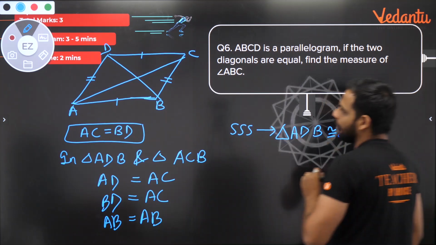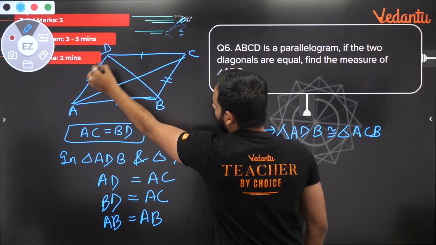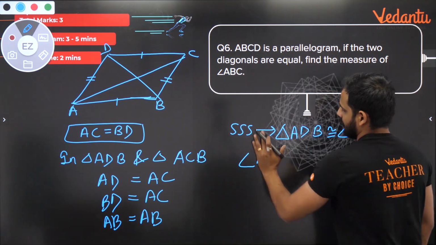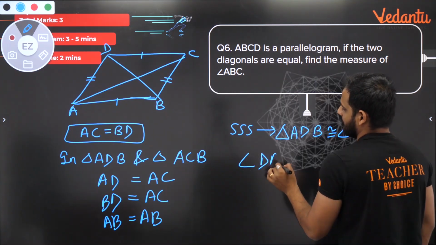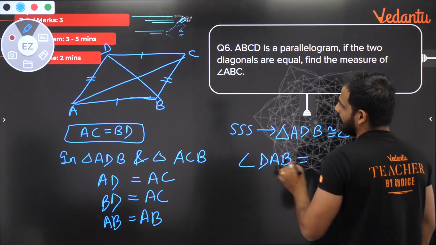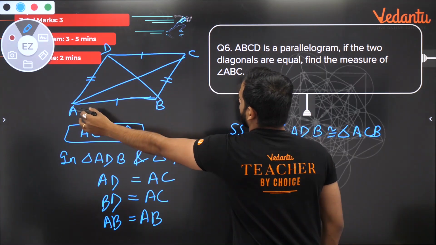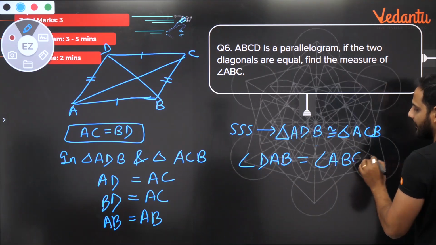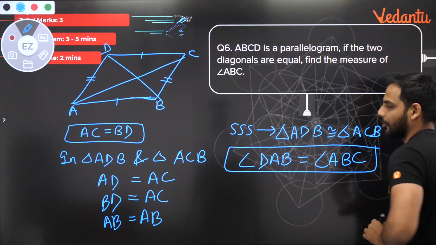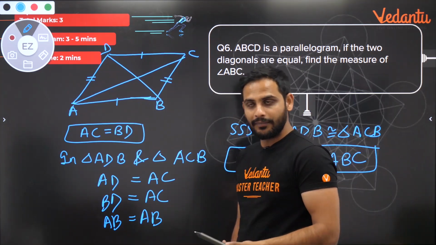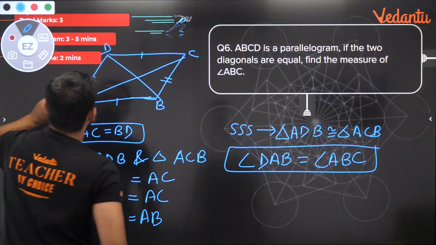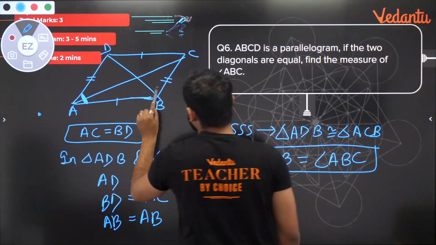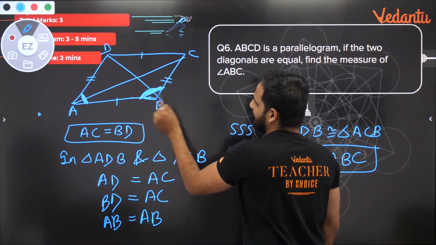If these two are congruent, I can say that angle DAB is equal to angle CBA, or angle ABC. Both are equal. And we know one more property, that in a parallelogram, the adjacent angles are supplementary.